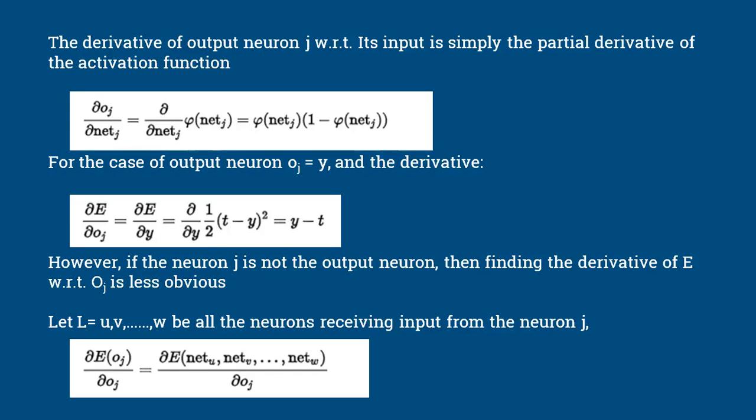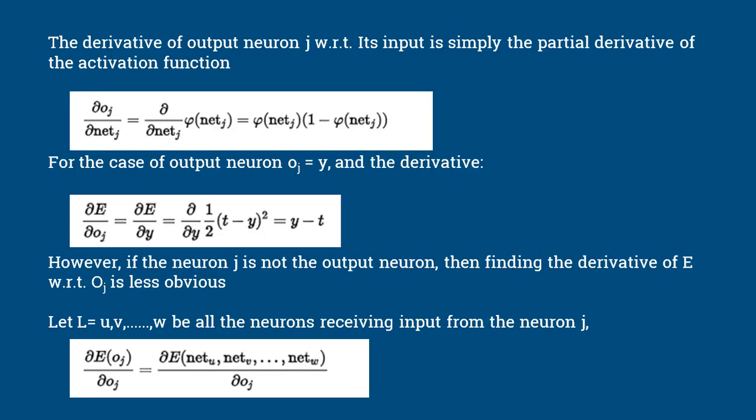We assume that u, v up to w are the neurons that take input from the neuron j. That is, these are in the layer next to the layer containing the neuron j. In this case, the error E would be a function of the net inputs to u, v and w.